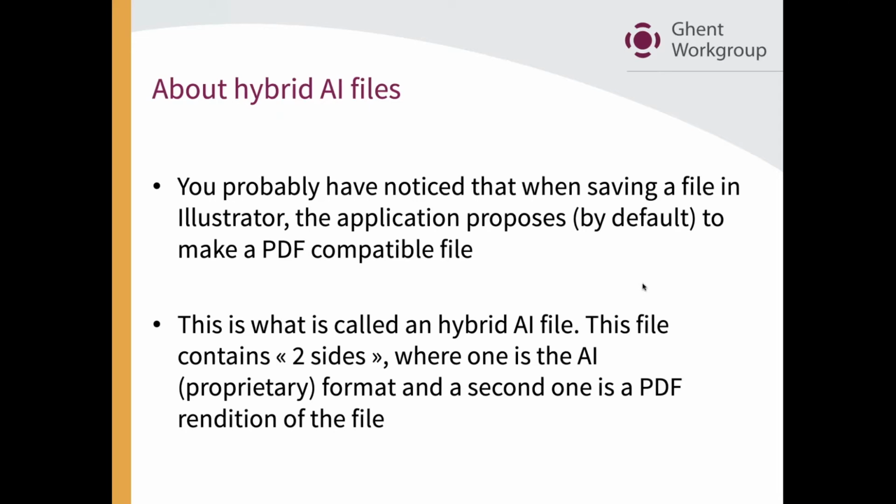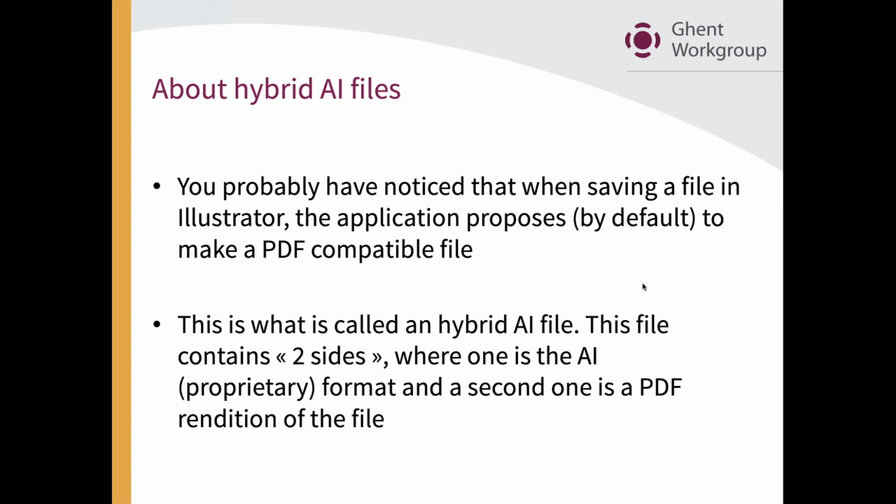So when you save a file in Illustrator, this is where you get that message where Illustrator asks you if you want to make a PDF compatible file, which is the setting by default. And when you do this, as David mentioned just before, this will generate an Illustrator file which has a second layer or second part of the file that is that PDF rendition.